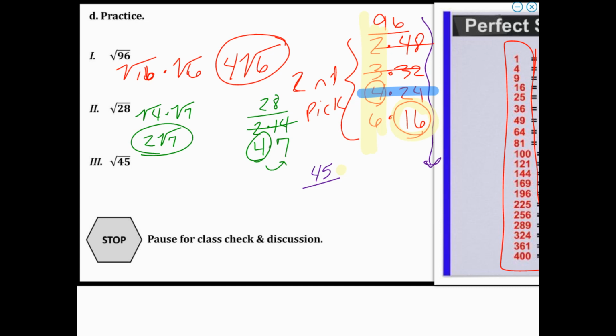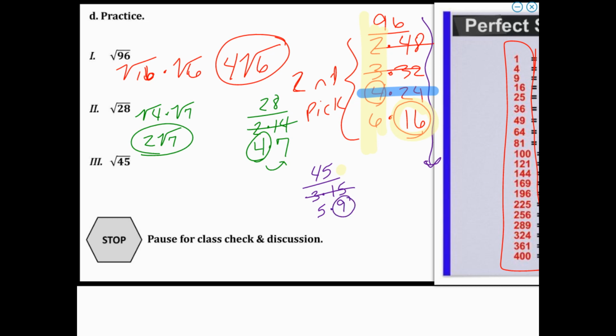So it's not an even number, so it doesn't divide by 2. Does it divide by 3? Yes, 15. Okay. Are either of those perfect squares? No. Does 4 go into 45? No. 5? Yes. 5 times 9.